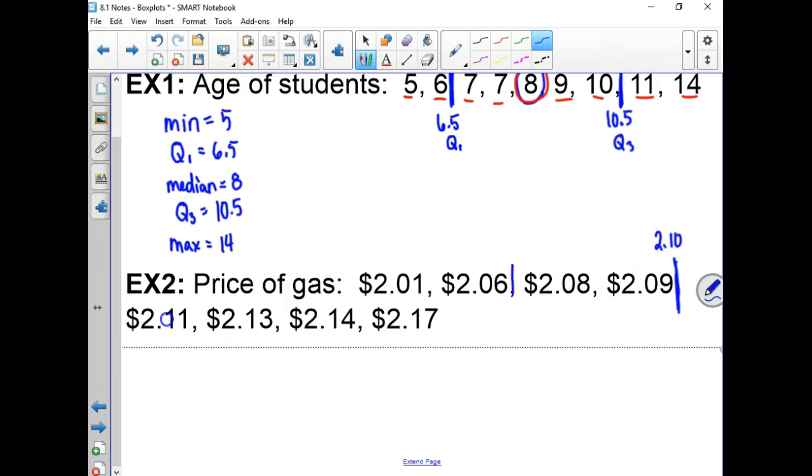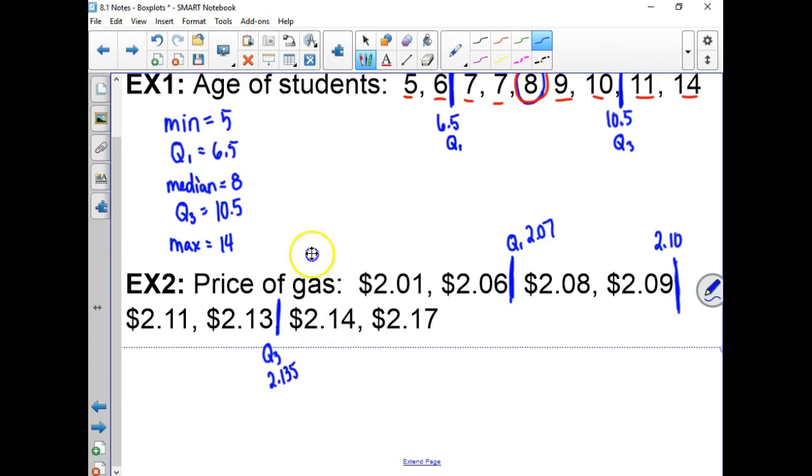Then our first quartile is going to fall here between 2.06 and 2.08. That's our Q1. That will be 2.07. And then between 2.13 and 2.14, this is our Q3. Now, the halfway point between those is 2.135.